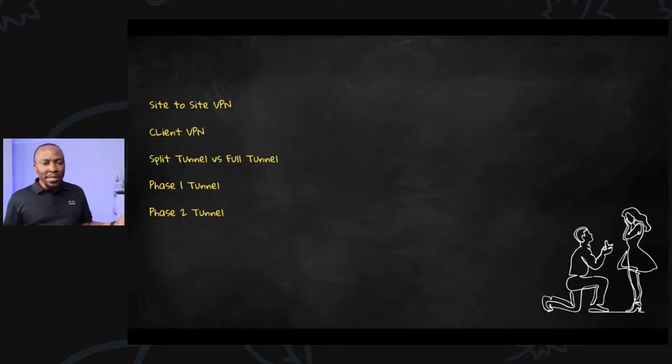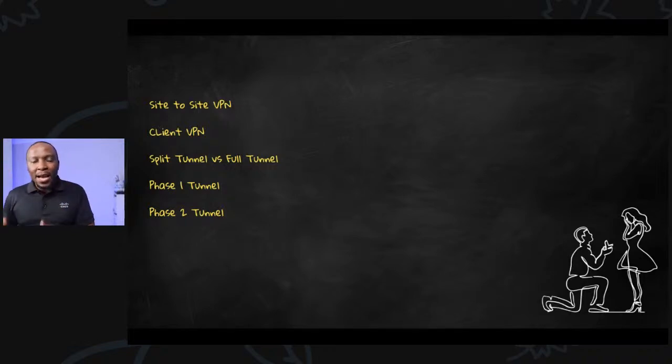So what is a VPN? A VPN is basically creating your own virtual private tunnel over an untrusted network. Now, the challenge with giving people connectivity to office resources from home is that if we did not have VPNs, it would mean having leased lines going to people's houses just so that they can have connectivity into the office.